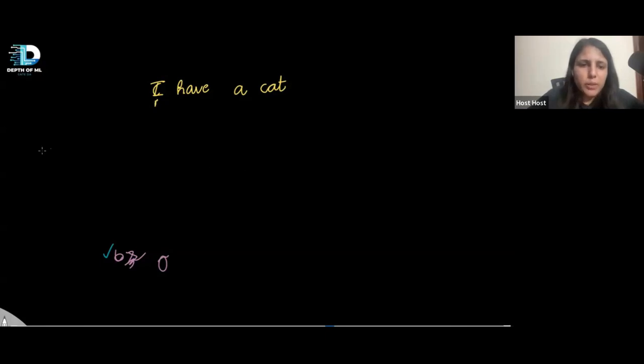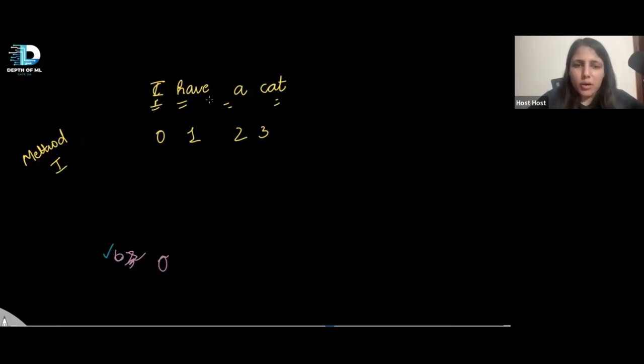One way I can do it, method one, is that for every word in my dictionary, I allocate some number, for example 0, 1, 2, 3, right? I have a cat, right? But this particular number doesn't actually capture the semantics or the context around these words, right?